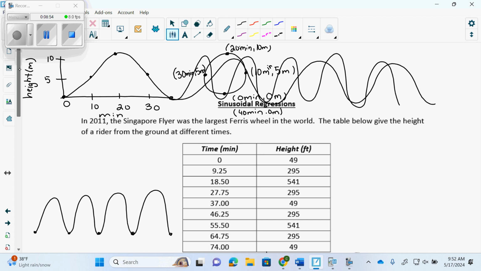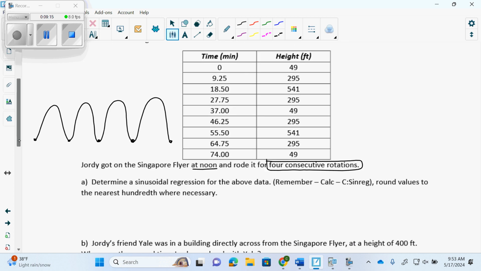So the only way it makes sense for us is because we do everything in word problem situations, has to be in radians. So radians is just another way of saying a degree length, just in radians, just like inches and centimeters, millimeters and centimeters, meters and feet, right? All right. So, determine a sinusoidal regression to the above data.